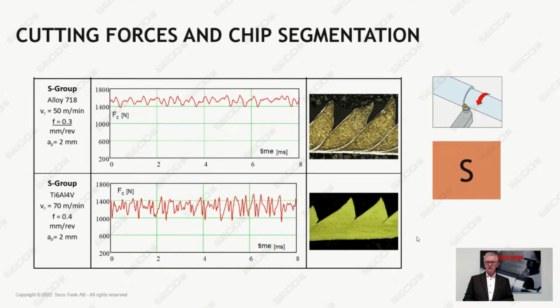That's 400 Newton over an average of 1200. That's 30%, people. I'm not talking about peanuts here. I talk about serious stuff. And these variations in cutting forces due to chip segmentation phenomena, that's the source of micro vibrations.